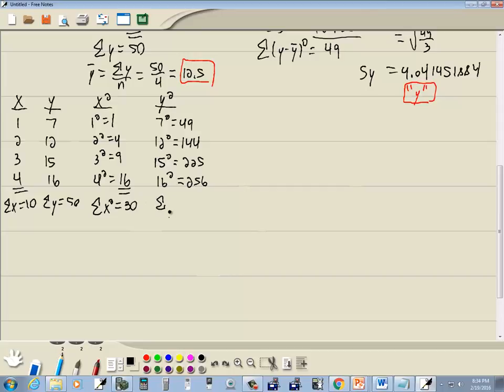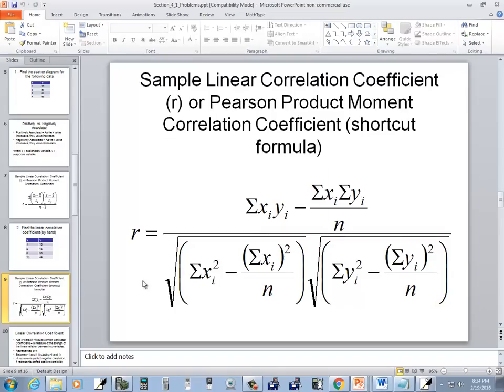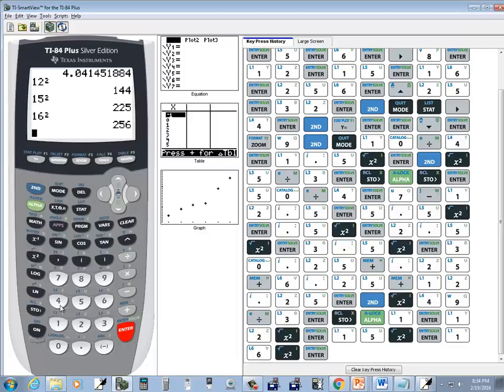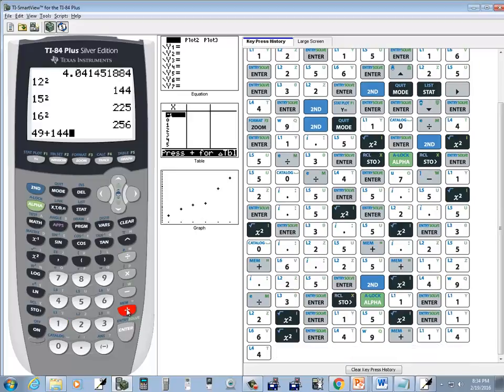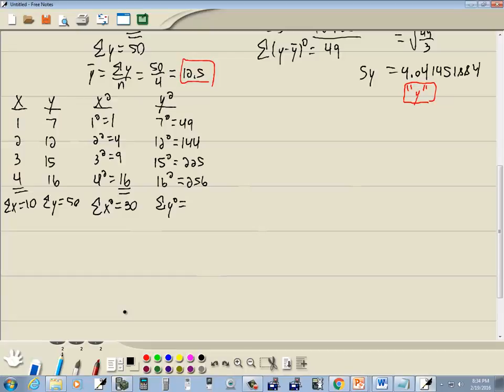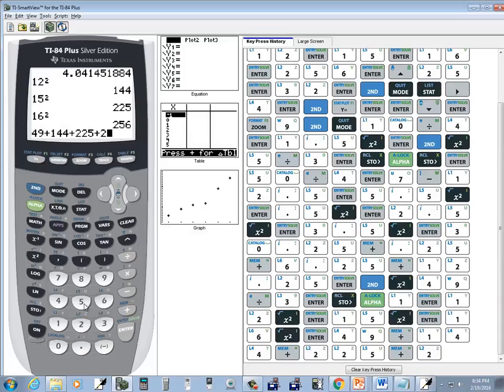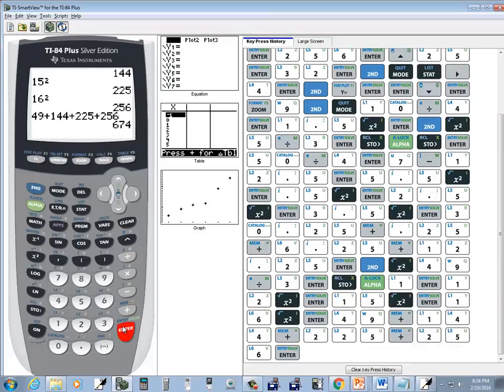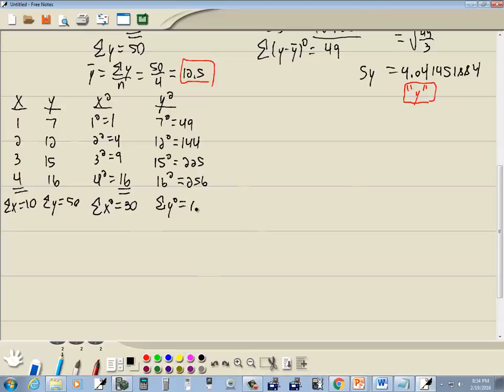And the sum of the y squared is 49 plus 144 plus 225 plus 256, and press enter, and we get 674.